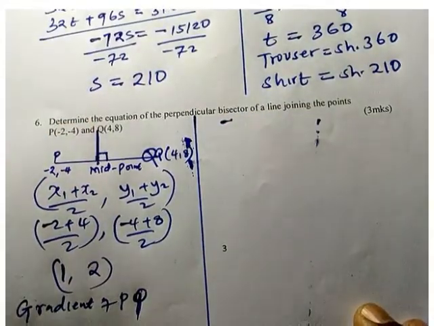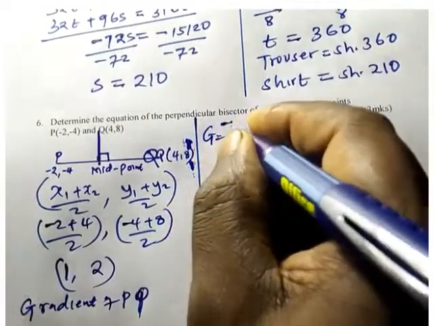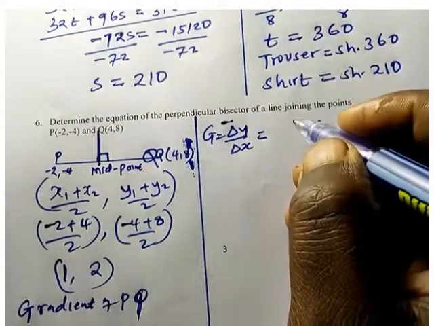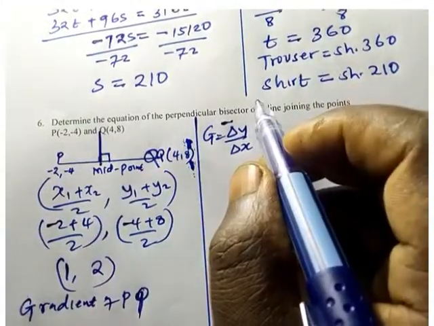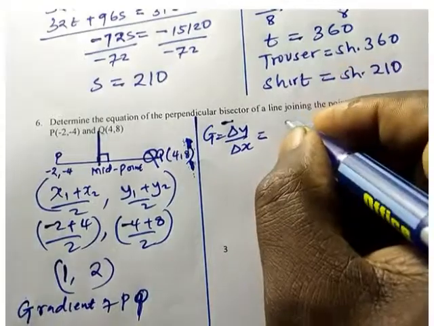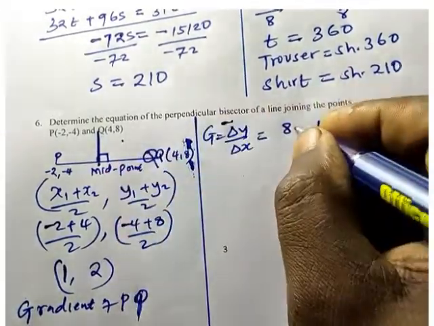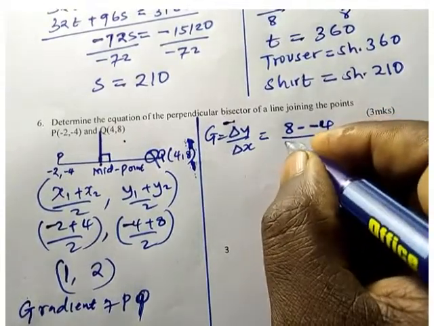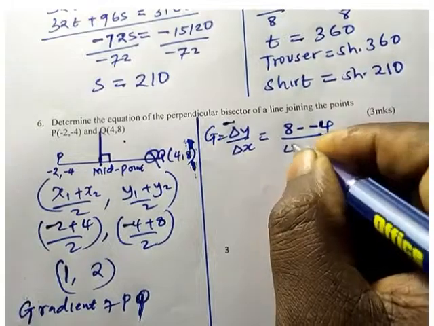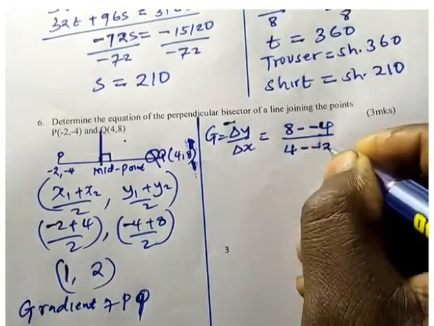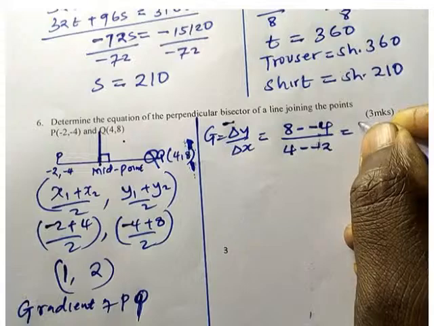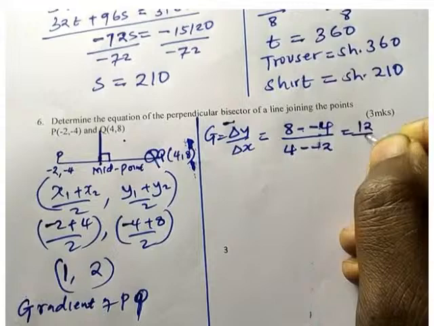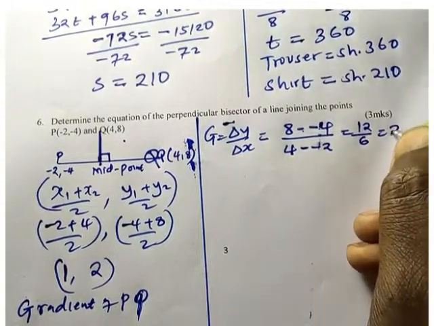We know gradient is equal to change in y over change in x, which is going to be 8 minus negative 4 divided by 4 minus negative 2. Negative times negative is positive, so this is 12 divided by 6, and the gradient is 2.